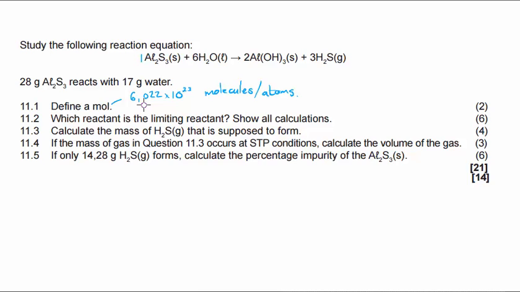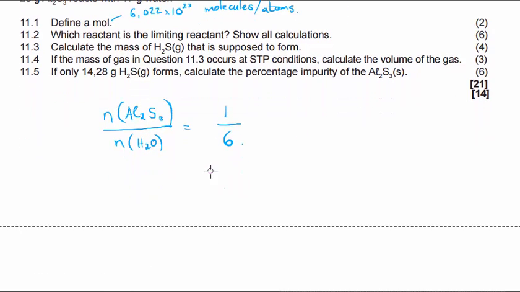Okay, so this is how we'll do it. What we need is my ratio of aluminium sulfide to water: for every 1 mole of this, I must have 6 moles of that. Now I can substitute.